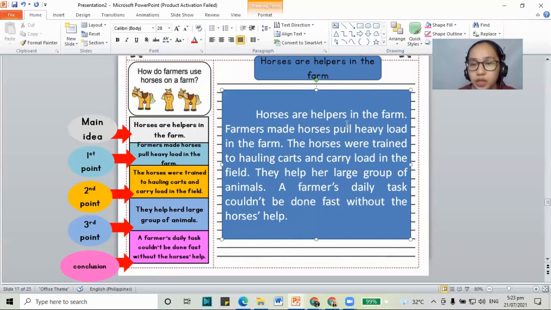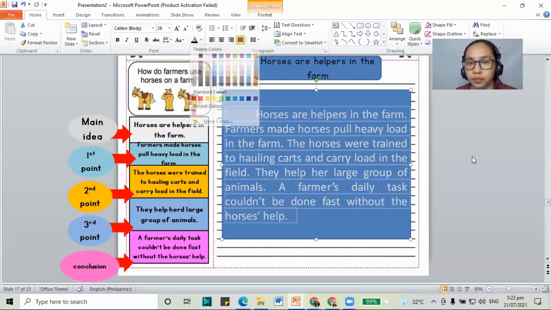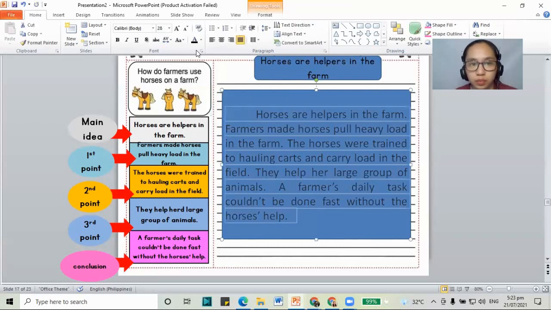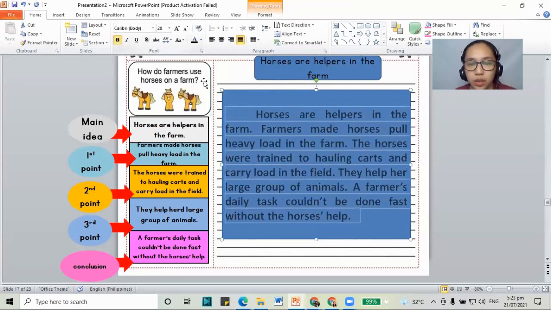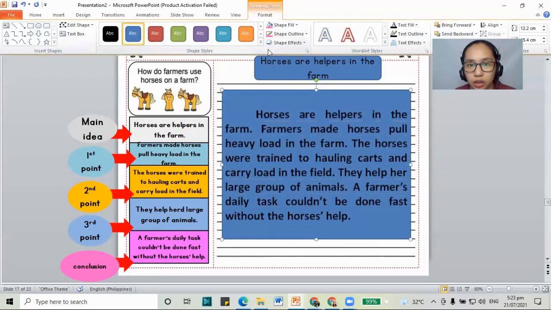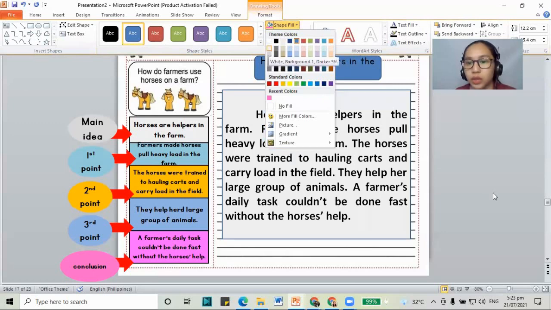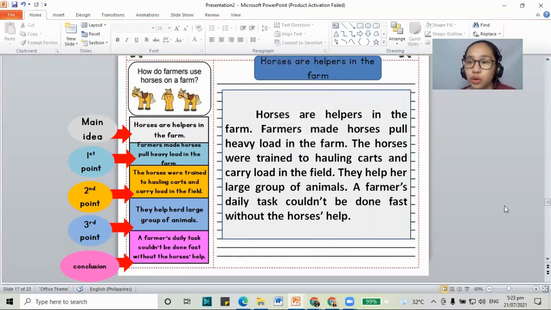Horses are helpers in the farm. Let me make it big so that you can see, okay? And then I will try a lighter color so that you can also do your paragraph. So this is how you make your paragraph. The indentation first, and then the 3 points, and you add a conclusion at the end.